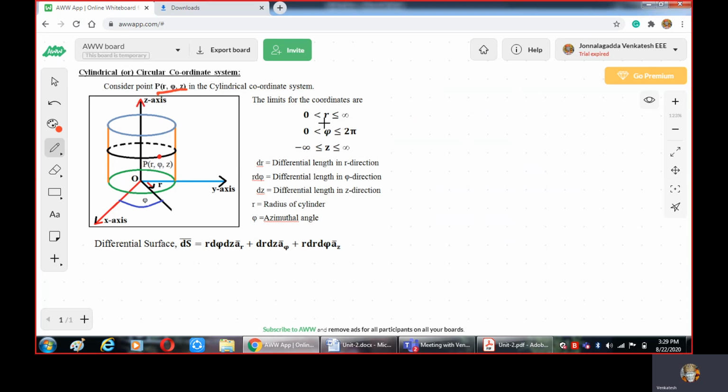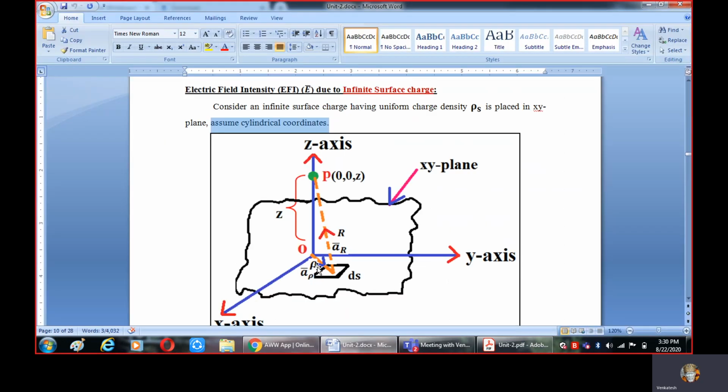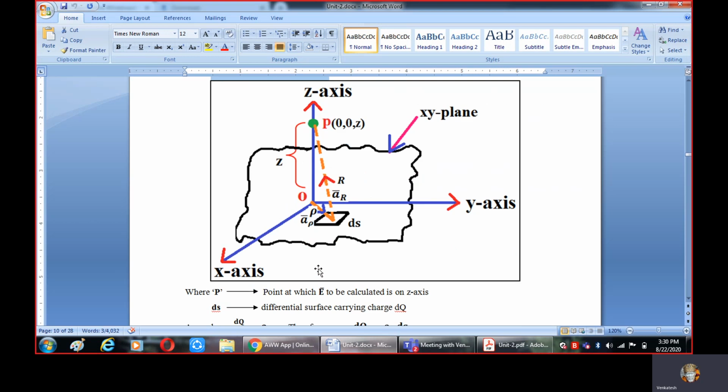But here, in place of r we are considering rho, and phi is as it is. From the origin to dS, we are considering the radius as rho.